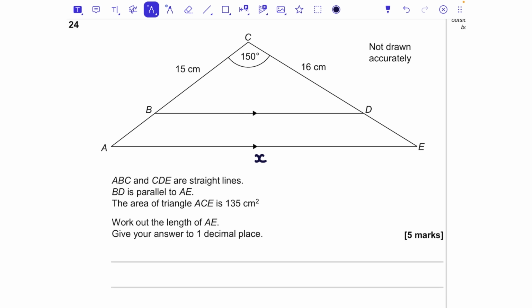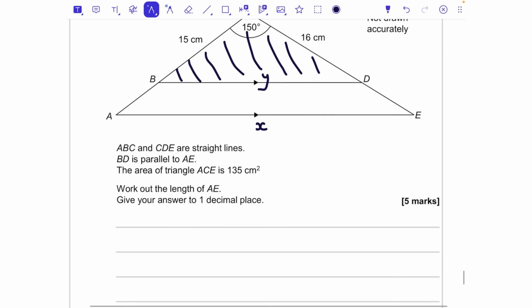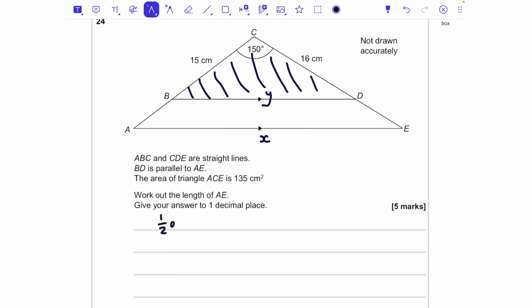Okay, let's start then by doing a cosine rule. I would like this length here. I can also get the area of this triangle by doing half ab sine C. So let's do both of those things. I'm going to start with half ab sine C, which gets me the area of the top triangle.